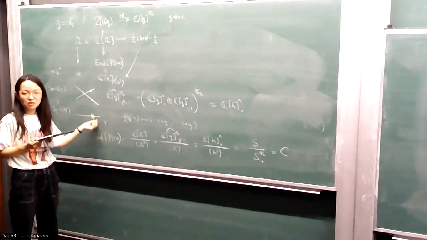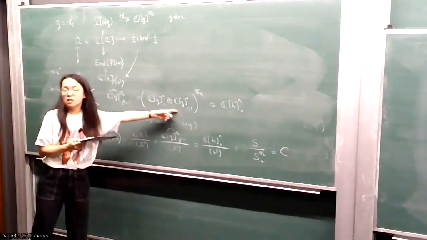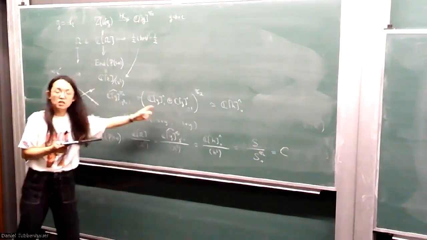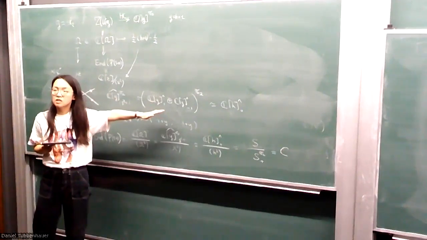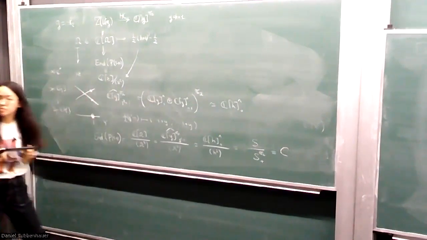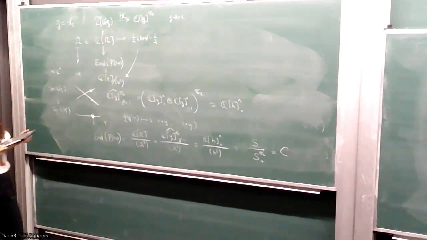So you can just look at the complete part around this point. And then you can make this identification. Otherwise, if you look over this, well, then you just get one.